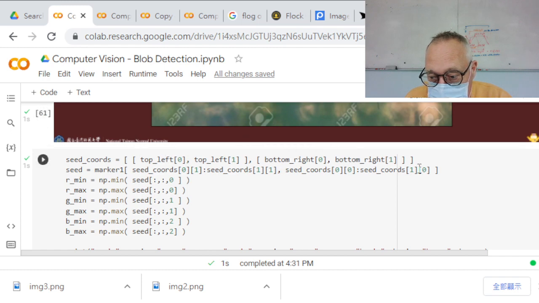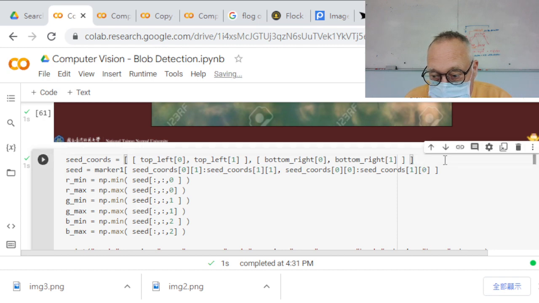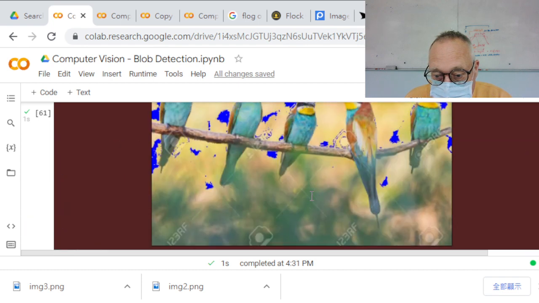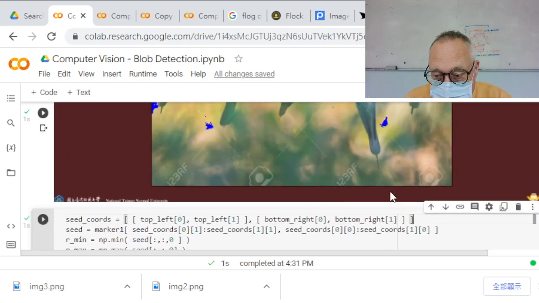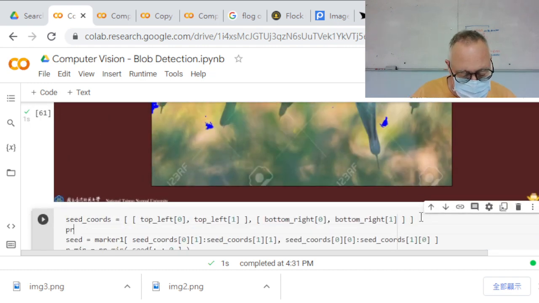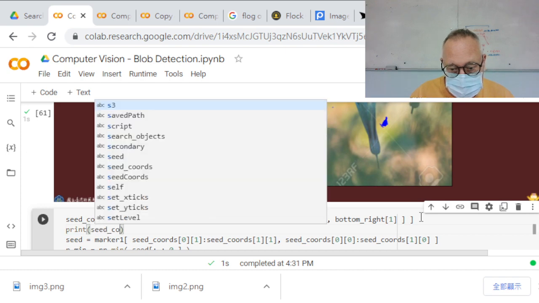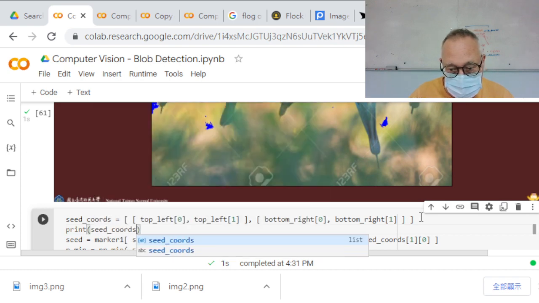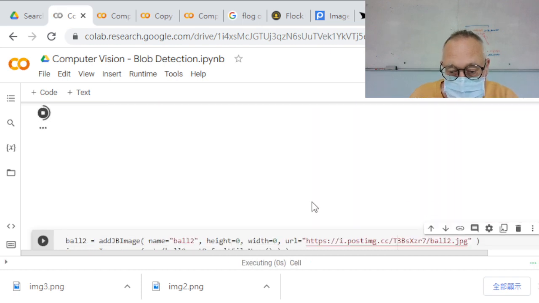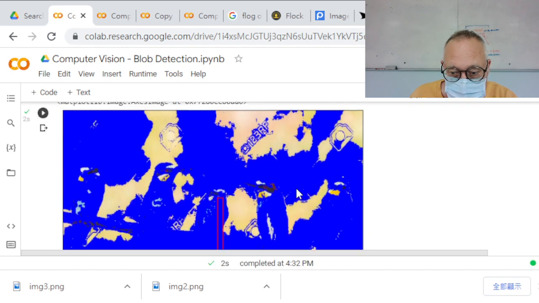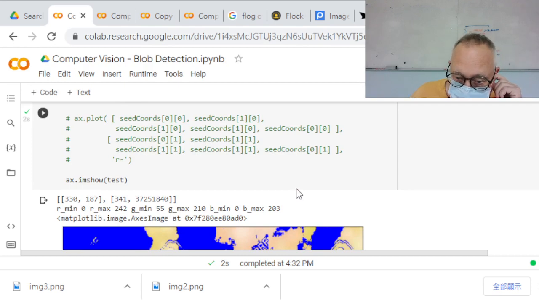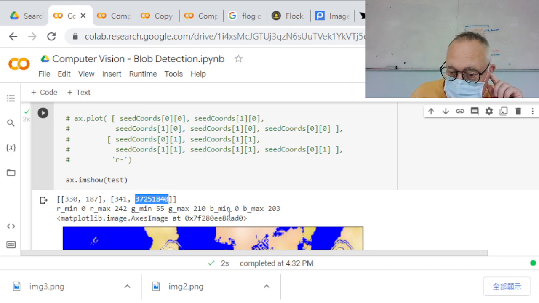Seed coordinates. Whoa. Yeah, that coordinate is a little bit large.